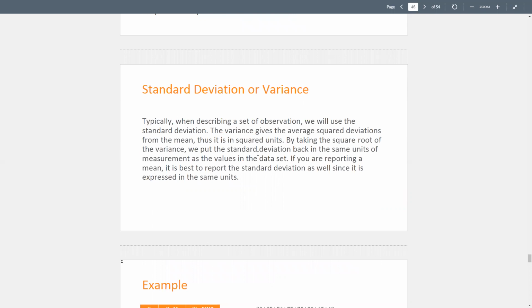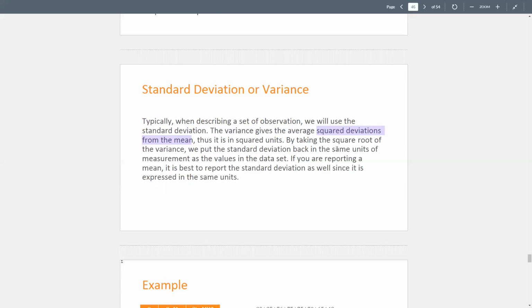The standard deviation is usually reported because the variance is in squared deviations from the mean. So if we take the square root of it, we put it back in the same units of measurement as the values in the data set.